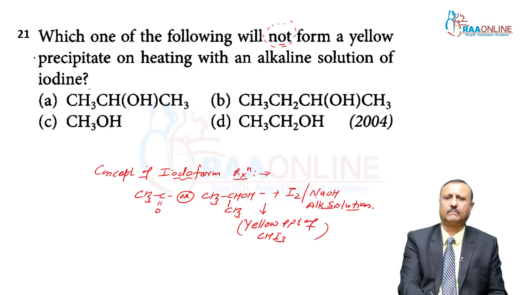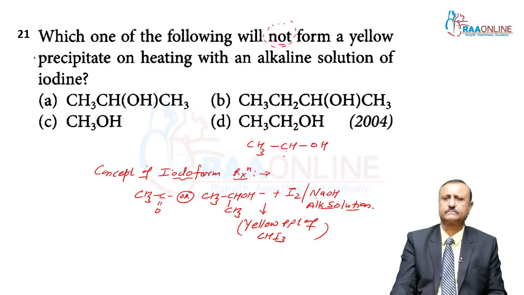A forms it, and in B the CH3CH(OH) group is present, so it is also formed. In D, the CH3CH2OH group, you can get the CH3CH(OH) group here, and since this group is present, it also gives a yellow precipitate, the iodoform reaction.